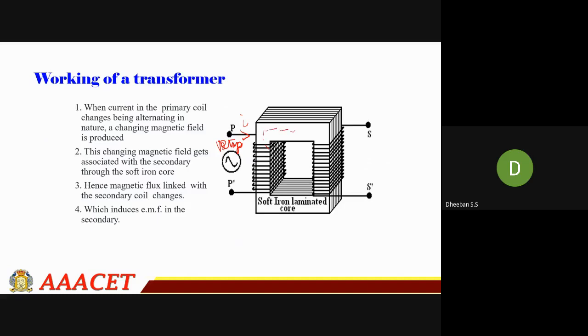This magnetic flux is nothing but your phi. The flux linkage will be from the primary side to the secondary side. This changing magnetic flux gets associated with the secondary through the soft iron core. Hence, the magnetic flux linked to the secondary coil also changes. This induces an EMF in the secondary.